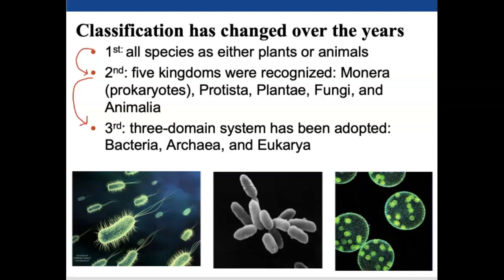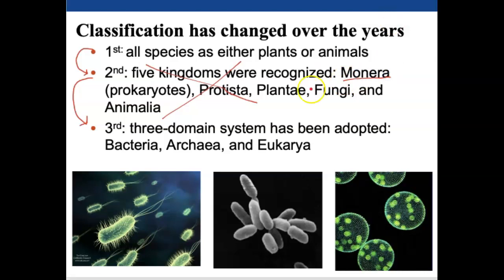This is the system the majority of science uses. If you see any resource still talking about 5 kingdoms, ignore that resource. That resource is very old and outdated. Do not trust it. If it says, well, they're in Kingdom Monera, it tells you that's about 30 years old. Science has changed a lot in 30 years.